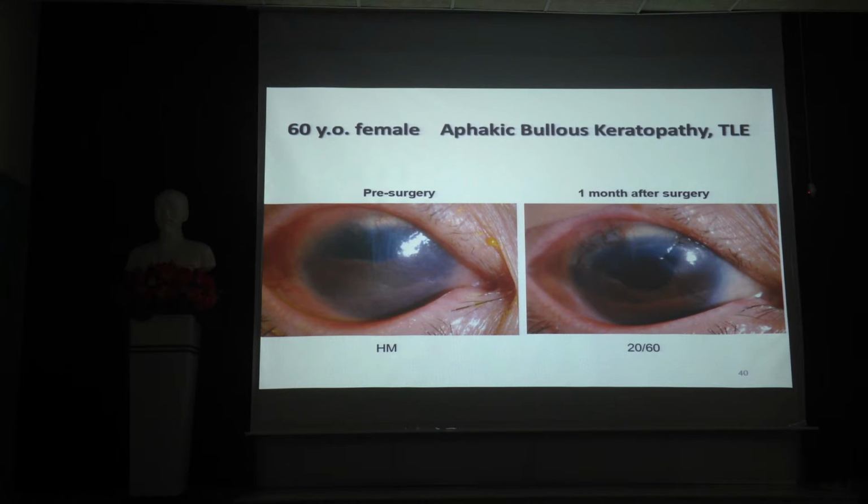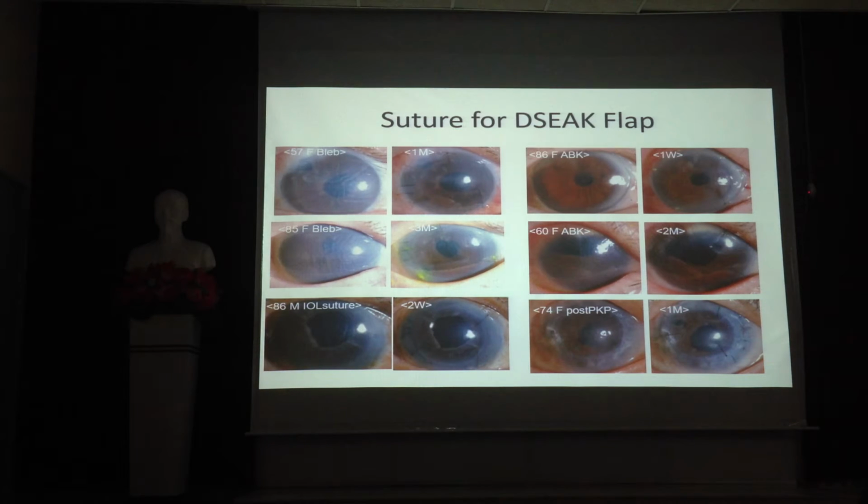So for whatever bullous keratopathy, we try first the DSAEK procedure in addition to the IOL suture or whatever we have to do. So this is about 6 cases of DSAEK flap with suture or so. This is probably better than penetrating keratoplasty.